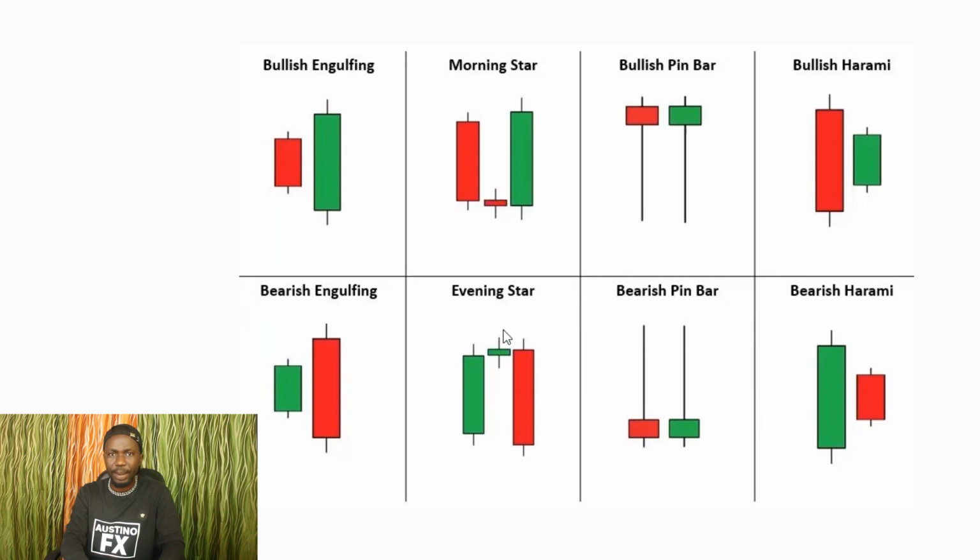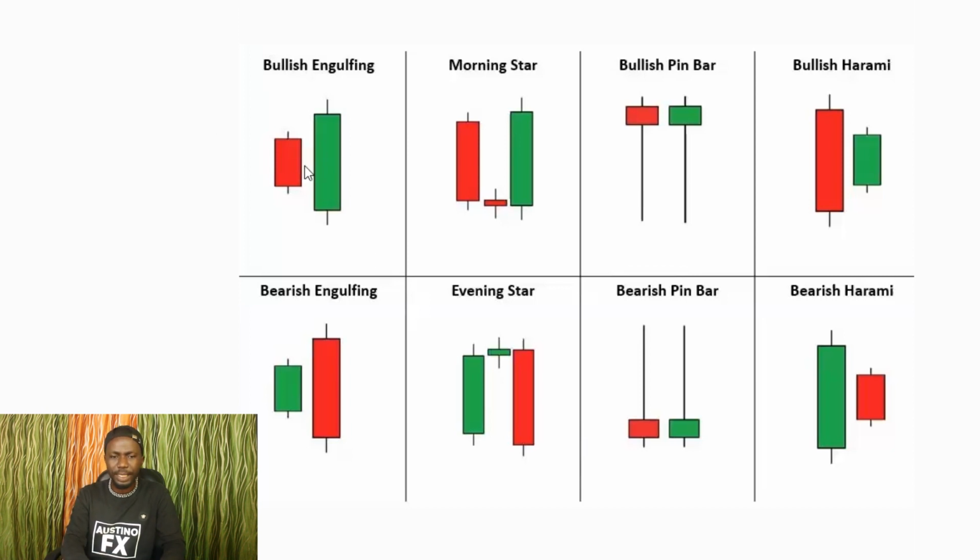These candlestick patterns are used to identify reversals, telling you when a trend is over and a new trend is about to begin. So we have the bullish reversal and the bearish reversal. They are just 4 in number each, making it 8. There are many, but these are the most relevant ones that many traders are using on the price chart.